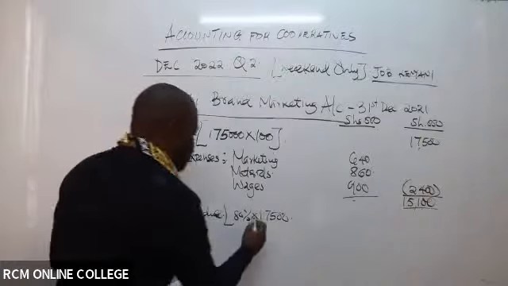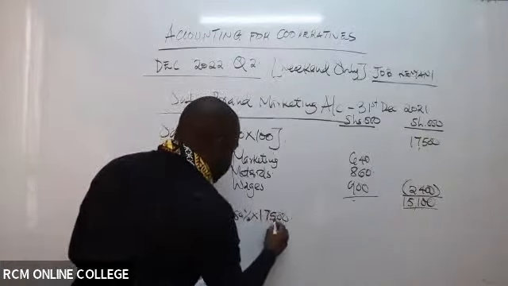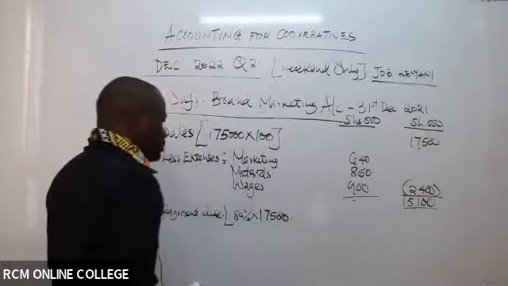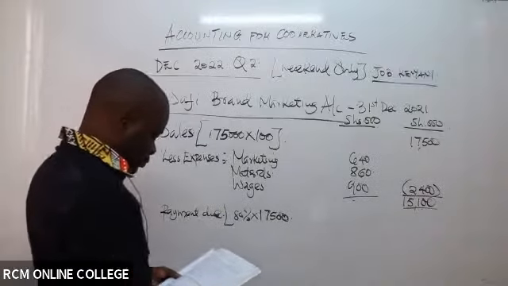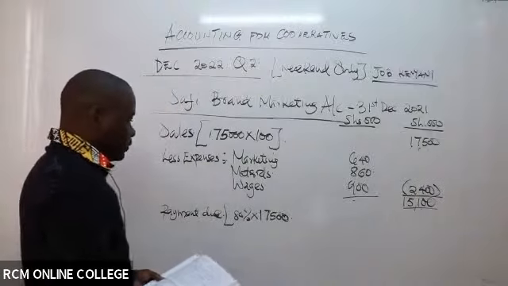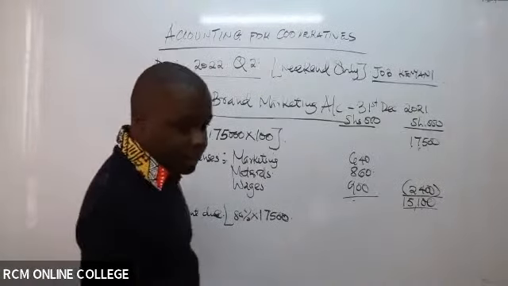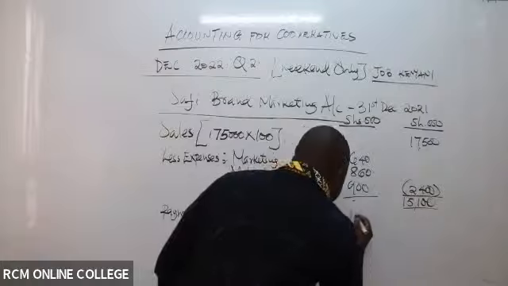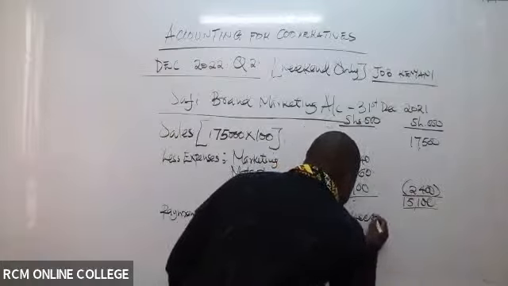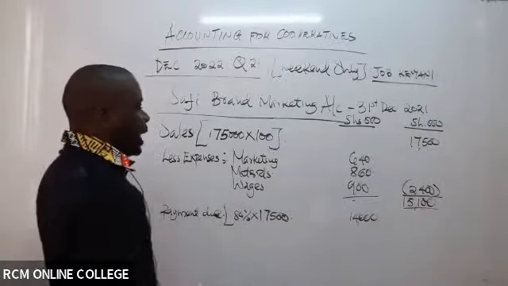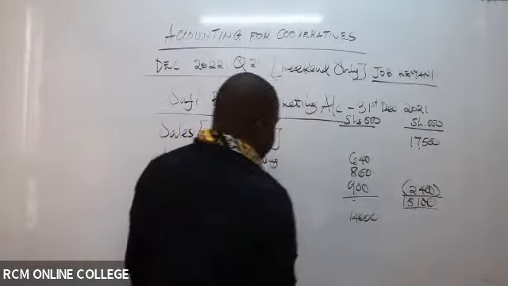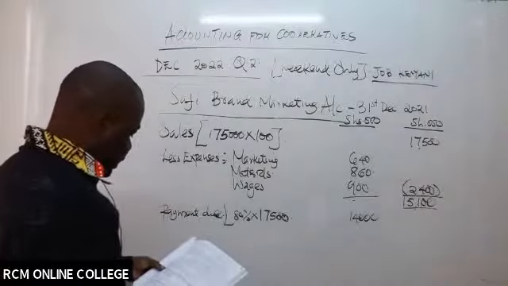So that will come to how much? I think 14,000. So that means what is remaining out of these amounts will basically go to the operations.